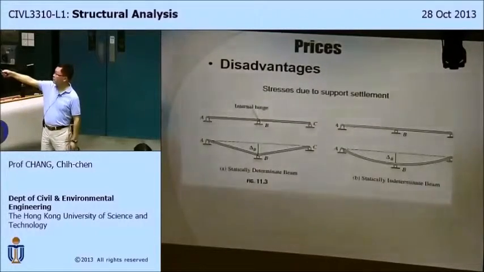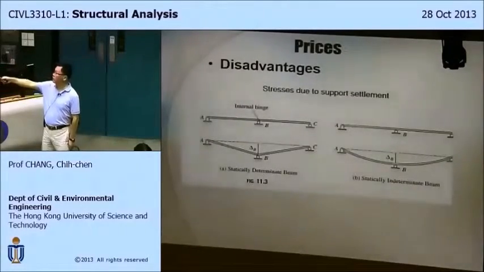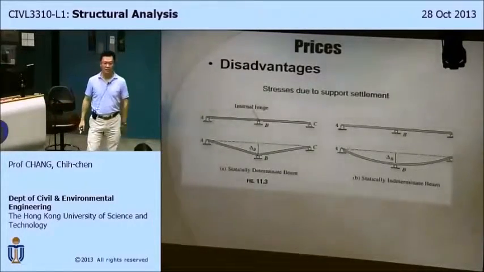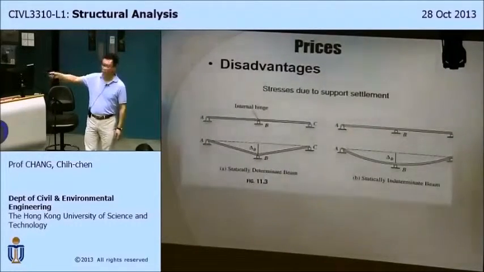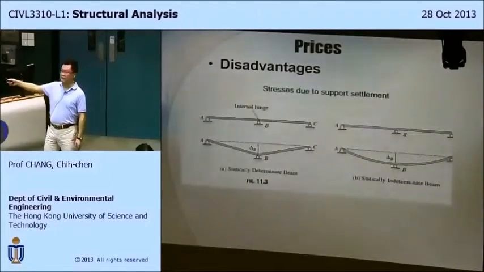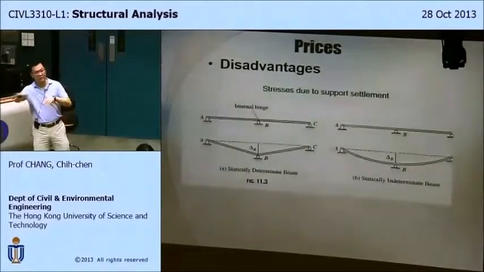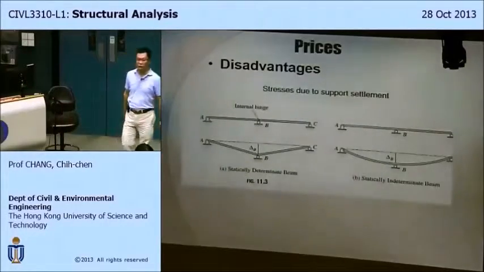If this point moves down, then because they are determinate structures, it will not create any effects other than deformations. There will be no bending moment, no internal stresses. So nothing happens material-wise. The only downside is the structure is deformed. You see this deformed shape come out, but no stress whatsoever inside the structure.